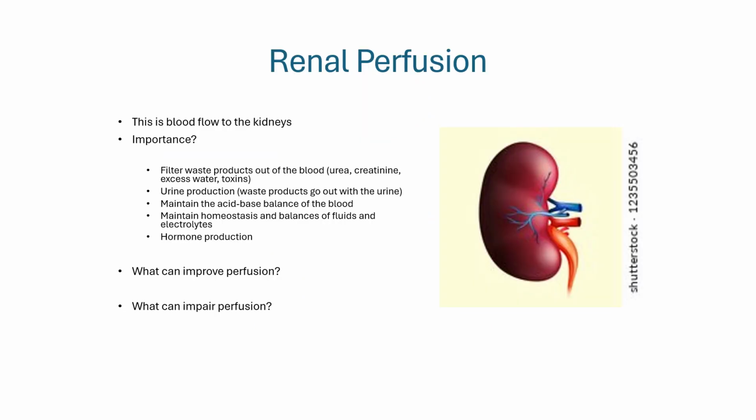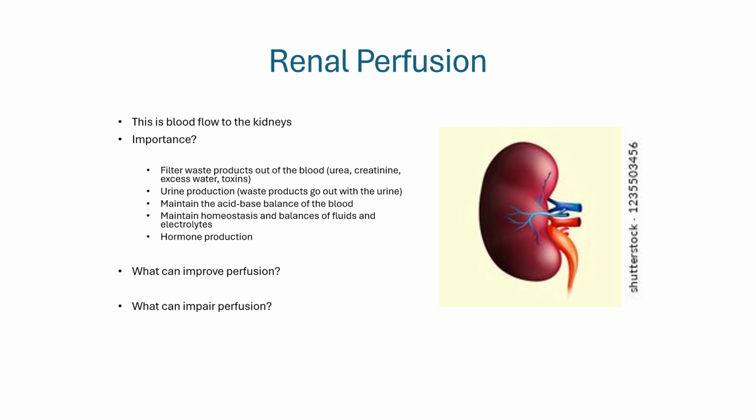So renal perfusion, of course, is blood flow to the kidneys. The kidney does so many great things. It maintains homeostasis. It maintains fluid balance. It also makes sure that our acids and bases are in some sort of a balance.